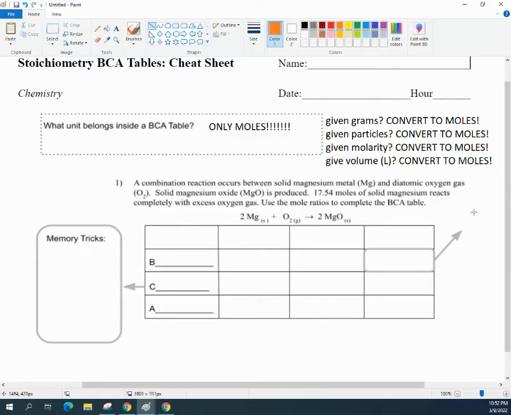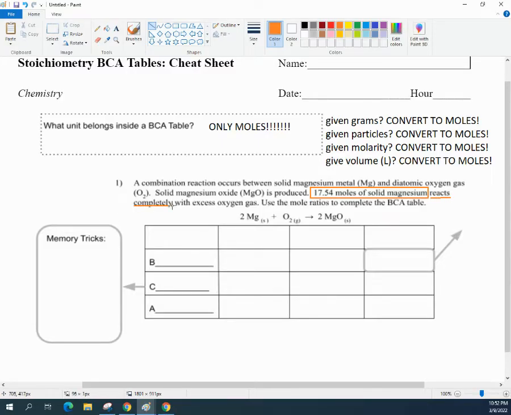Okay, so some key words here. First off, we have a number. Numbers are important, right? So this number is talking about solid magnesium. Okay, another thing about solid magnesium is that it's reacting completely, reacts completely. This is important.